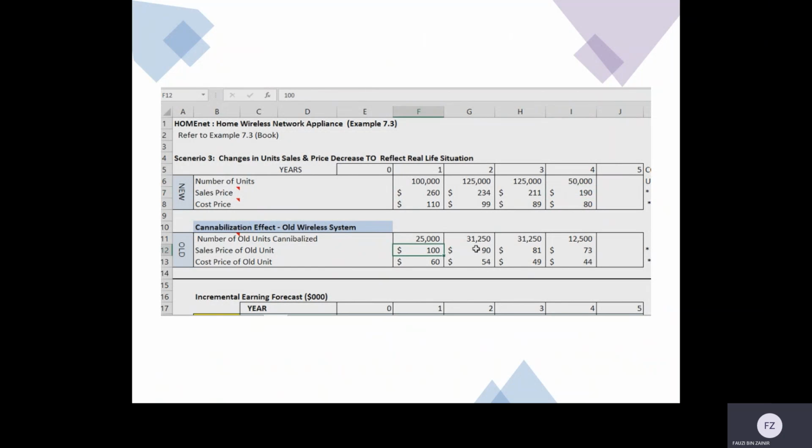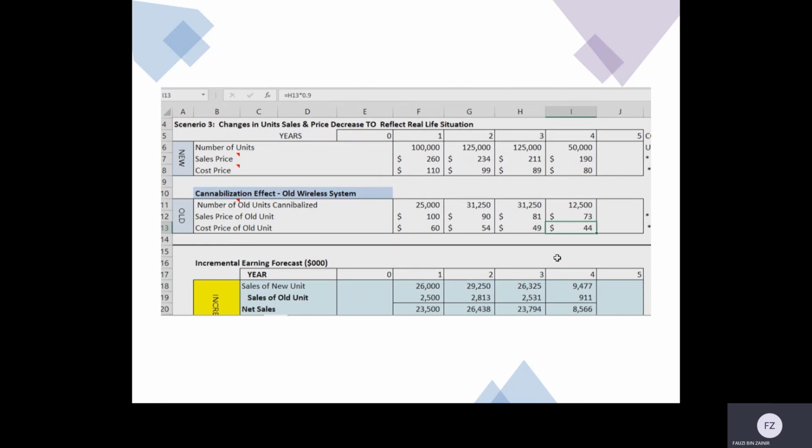Here, if you look again, the same thing affects all the units. It's a 10% decrease in year 2 from the year 1 price of $100. Year 3 also decreased, and year 4 also decreased. With the cost of goods sold, it decreased by 10% for the old unit, and for the new unit it is also decreased by 10%.